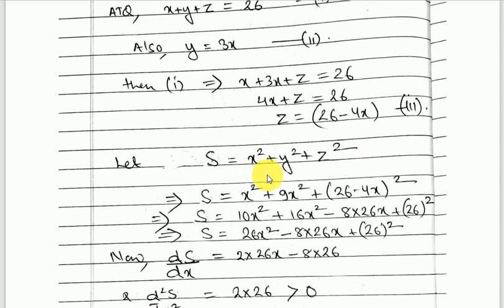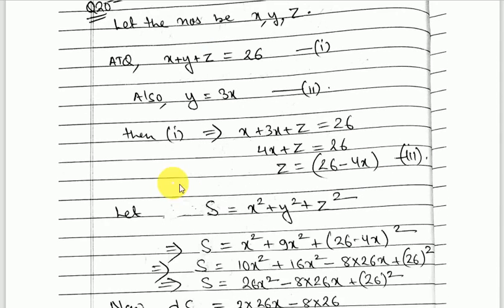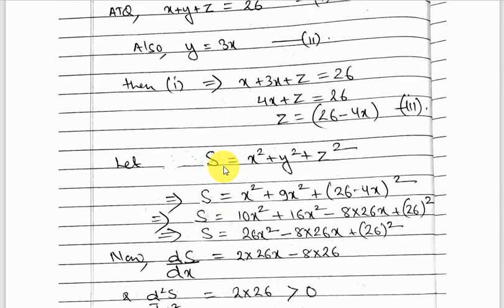And next, the sum of their squares should be least. So the sum of their squares will be written as x square plus y square plus z square. Since we are talking about least, I need to have this expression in a single variable. So either you write it whole in terms of z or y or x.